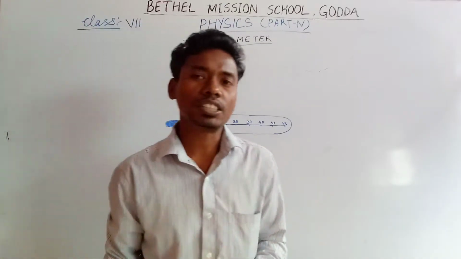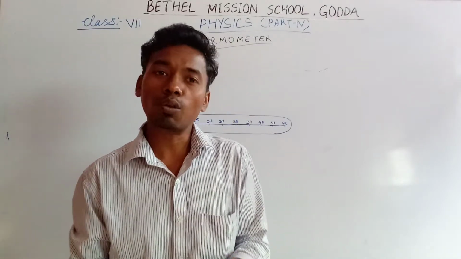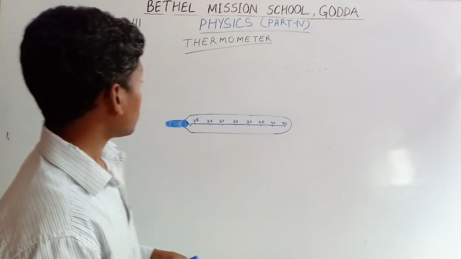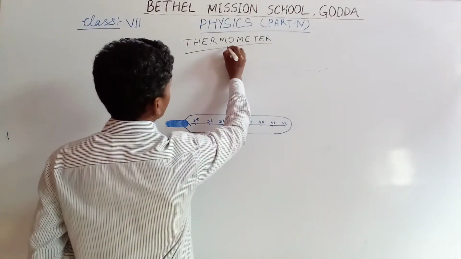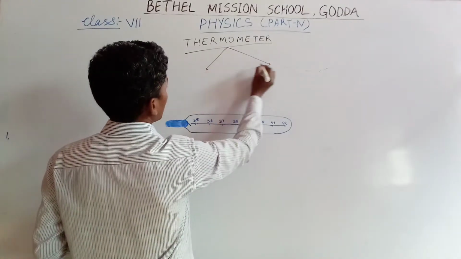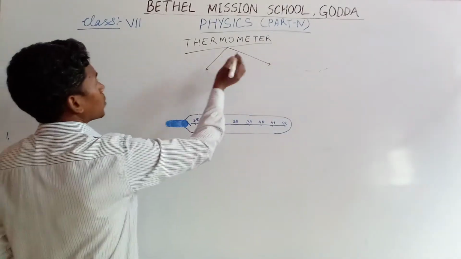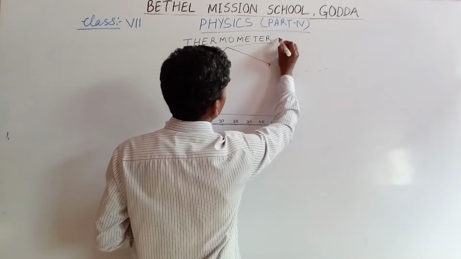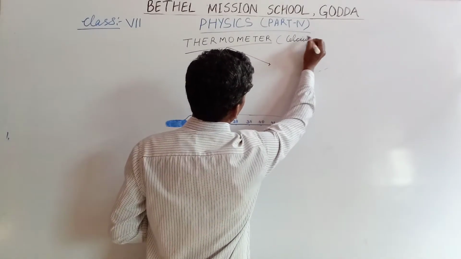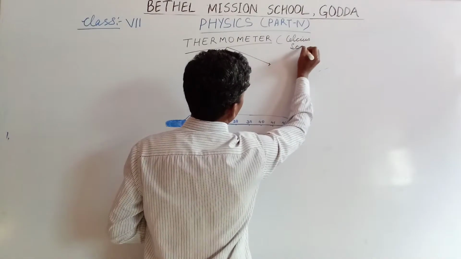So, since we studied temperature, we need to know how we measure temperature. Since we are going to study temperature, we need to see what the various types of it are. We are going to see the thermometer of the Celsius scale.